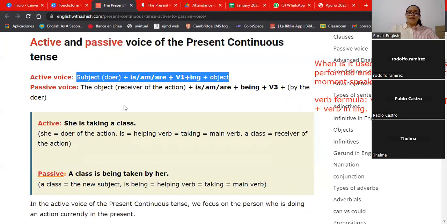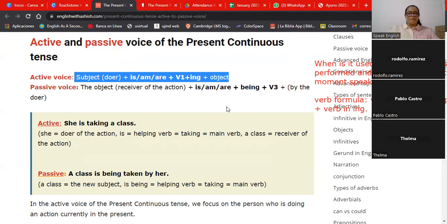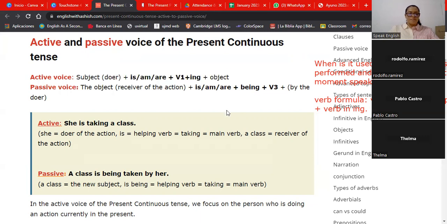Let's see, Pablo, can you please read the structure of the active voice? Subject, doer. Subject doer plus is plus B1 plus ing plus object. Okay.